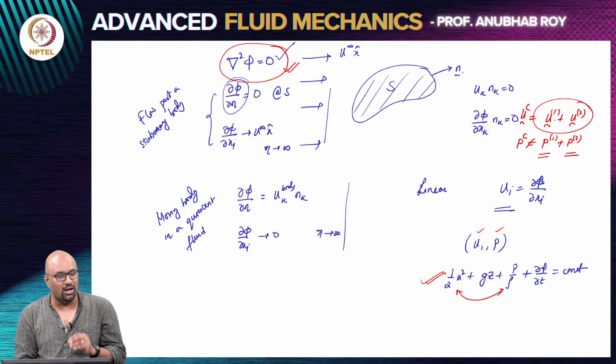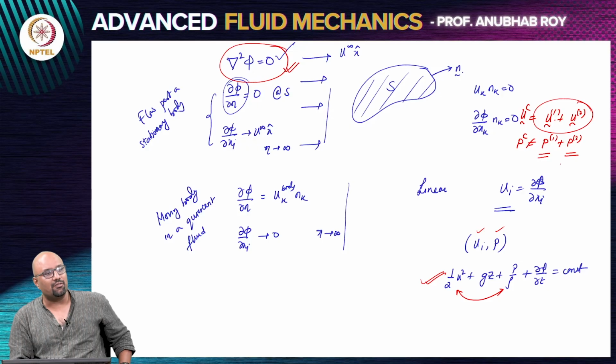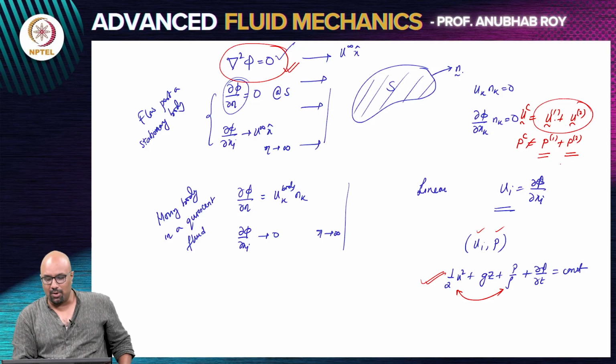You are doing it purely based on irrotationality and incompressibility. These are the two things which work together to give you the velocity field. So, this is a significant simplification of your equations, and this allows us to solve flow problems where there is no vorticity.